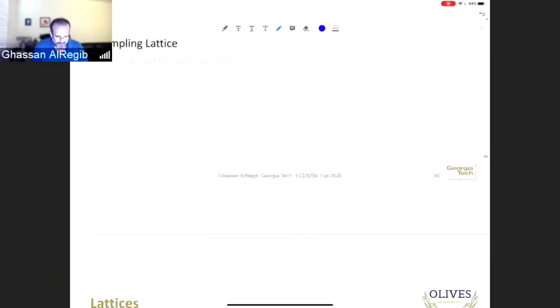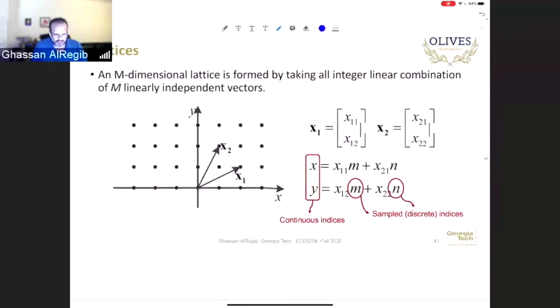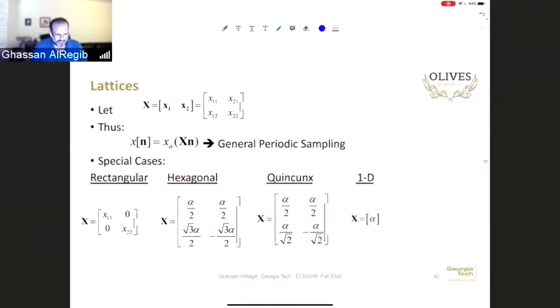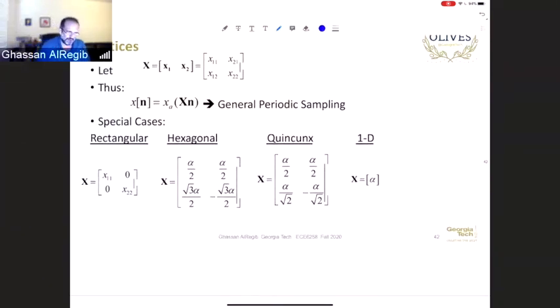This is just an illustration of what I was talking about, and then here are some of the popular ones. Remember, when we had the rectangular ones, we had x11 as capital X and x22 as capital Y, what we have been discussing since the beginning today.